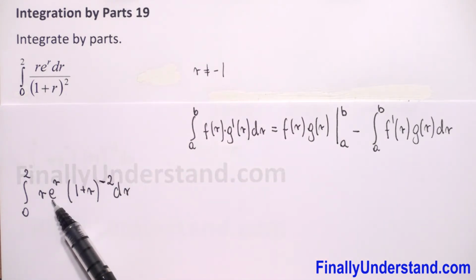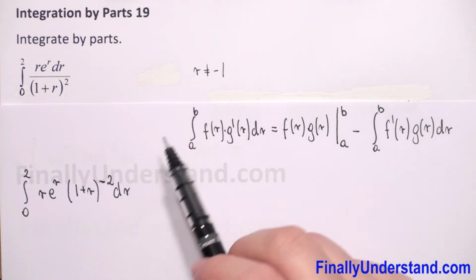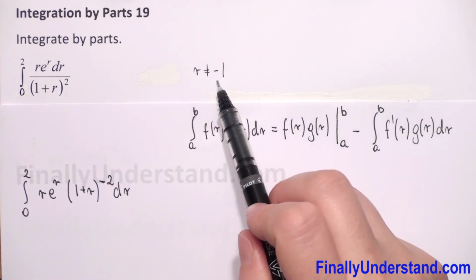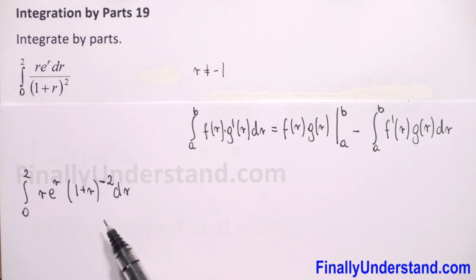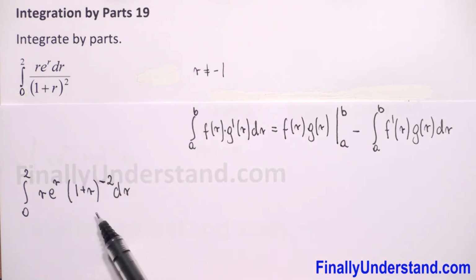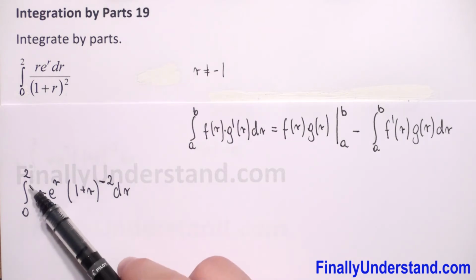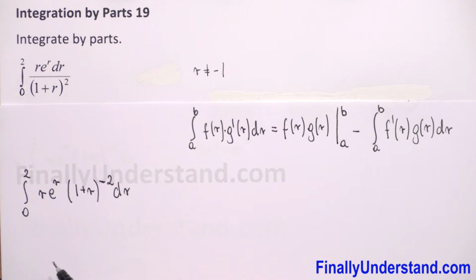We have r times e to power r, this is a continuous function, and our function 1 plus r to power -2 is continuous except for r equals -1. Only for r equals -1 is our function discontinuous. But we have here the interval from 0 to 2, so everything is okay, because -1 is not included.